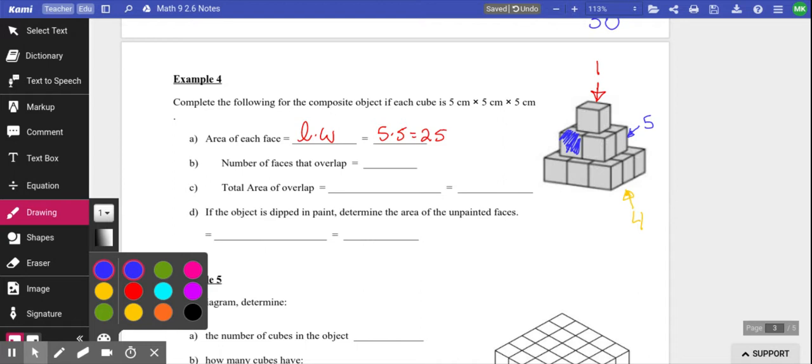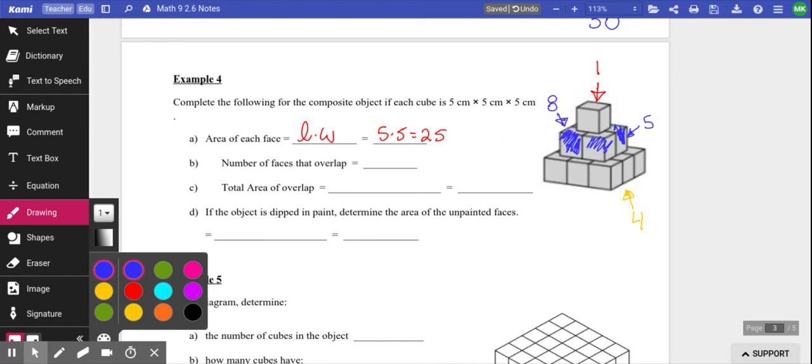If I looked at the other one, that would have another 2. This one would have another 2. And that back corner one, which we can't see, would have another 2. So that means when it came to that layer for the sides, it'd be 2, 4, 6, 8. There'd be 8 sides in that middle layer that are overlapped.